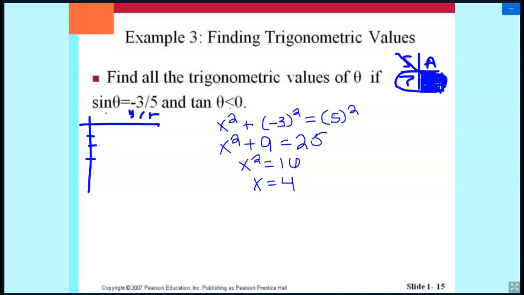So my x is the positive part of the square root. So that means this graph goes 1, 2, 3, 4. So this graph or triangle exists in quadrant 4.